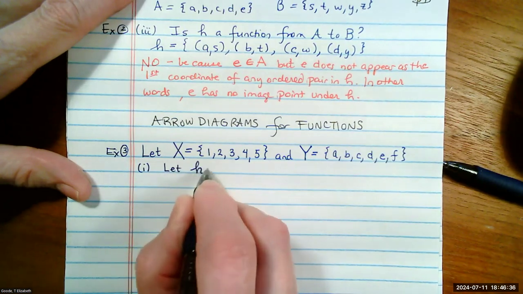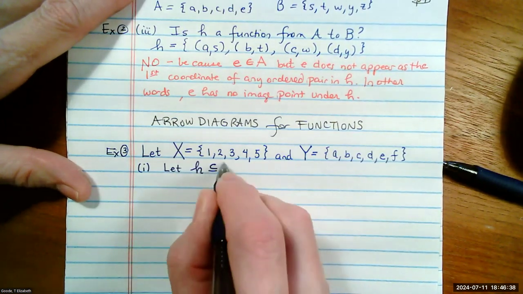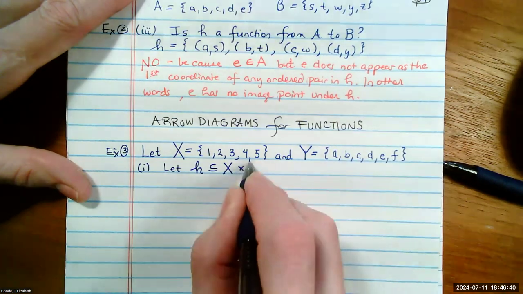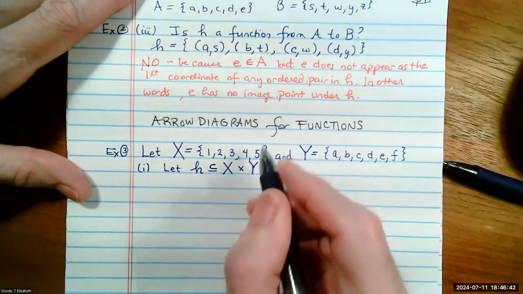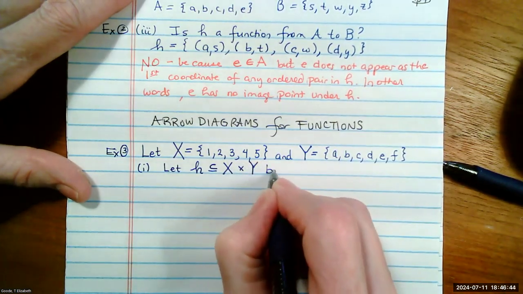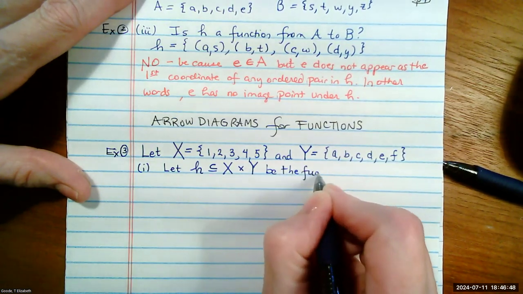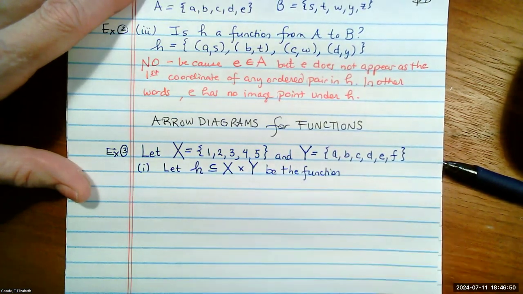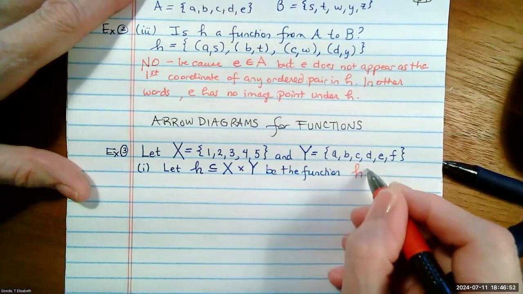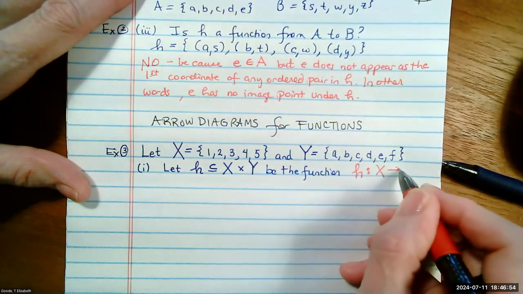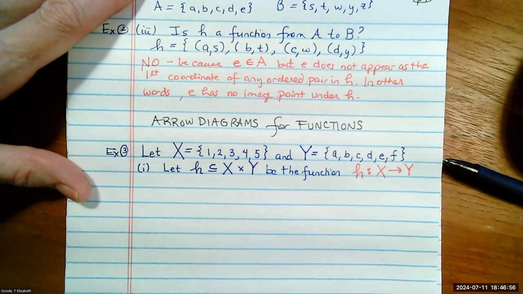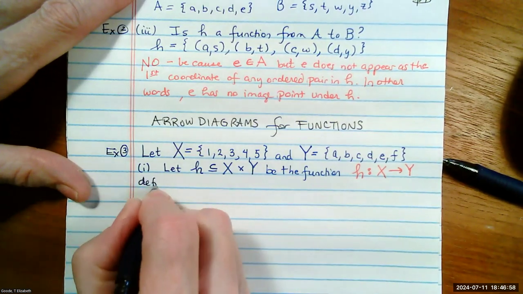Let H be a subset of X cross Y be the function, and I'm just going to go ahead and use functional notation, H from X to Y, defined as follows.